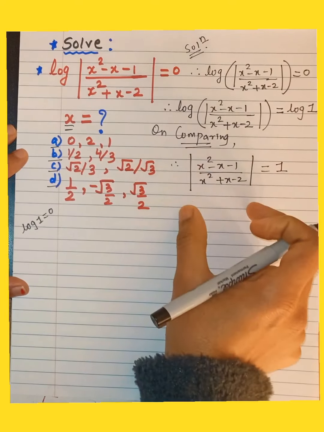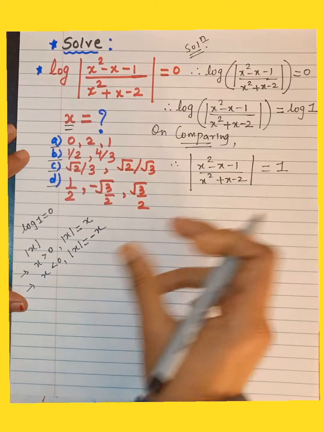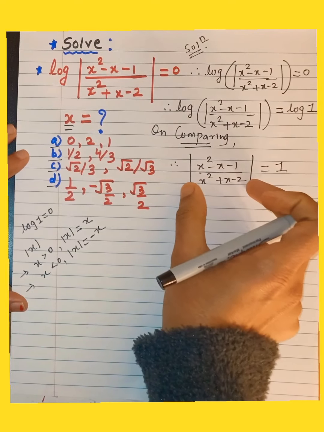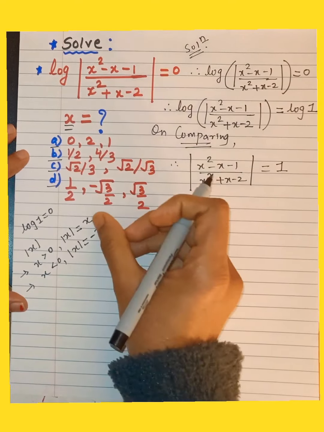And if x is less than 0, then the value of mod x is equal to negative x. So these are the situations. According to the definition of absolute value, whenever you remove this mod, we have two values, either positive x or negative x.